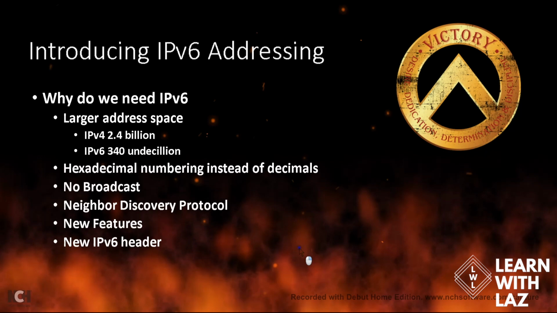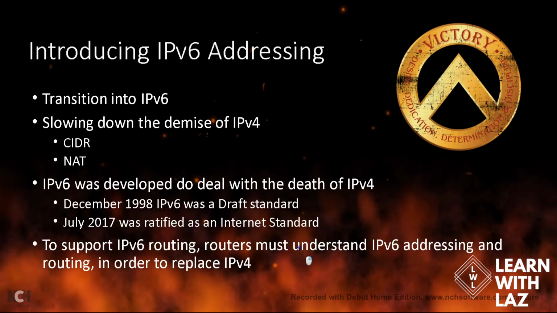When you're converting decimal to binary, binary to decimal, that's very easy, right? But when you're doing hex to binary to decimal, decimal to binary to hex, or just binary to hex, that makes it a little bit more, not complicated, just a little bit more thought that goes into making that conversion. Now, one of those new features, like I said, is transitioning into IPv6.